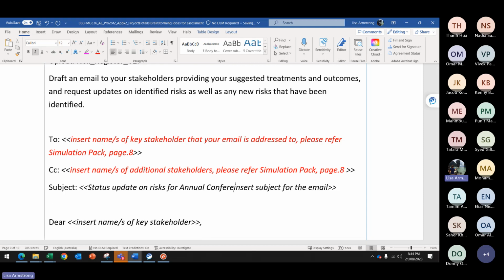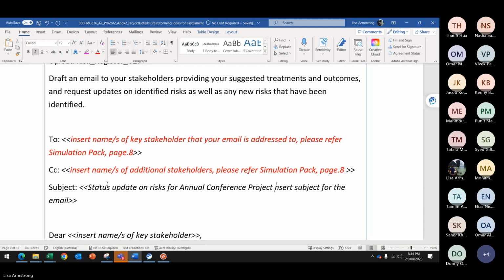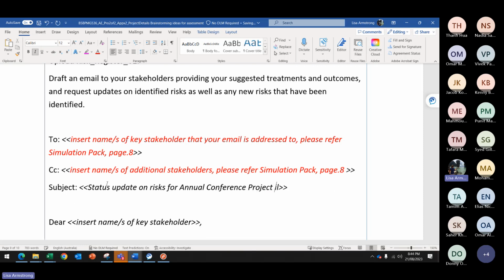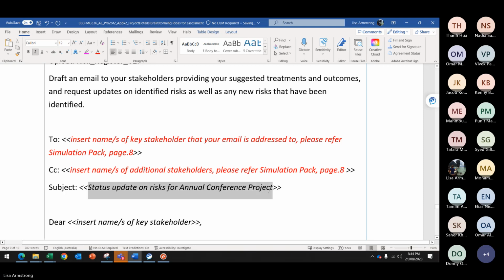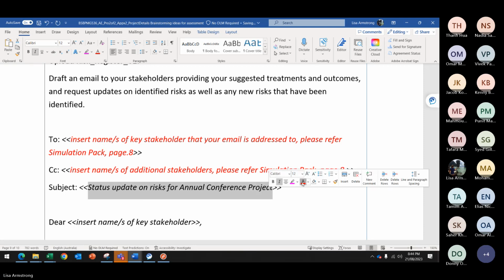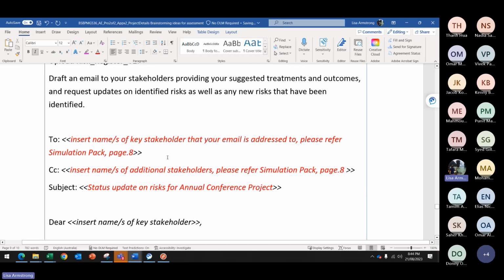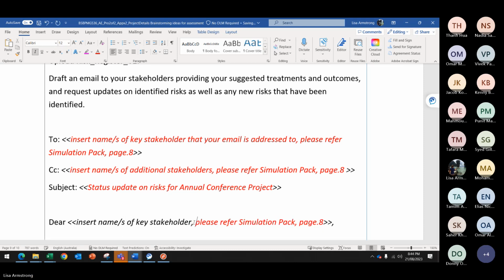That would at least give you a structure for your email. And then again, insert the name. As I said, your stakeholders are on page 8, so that can be quite a helpful source of information.